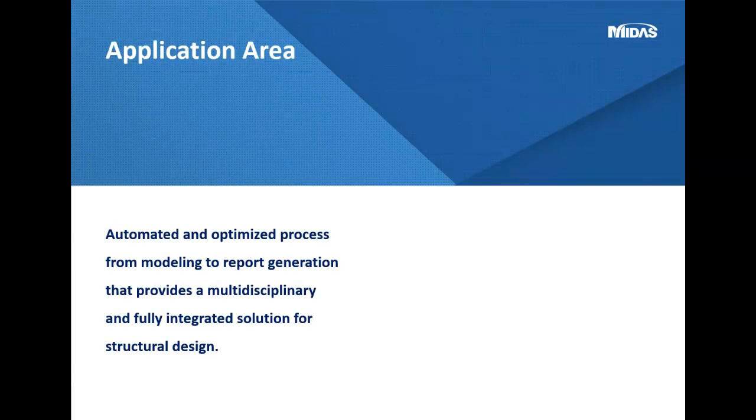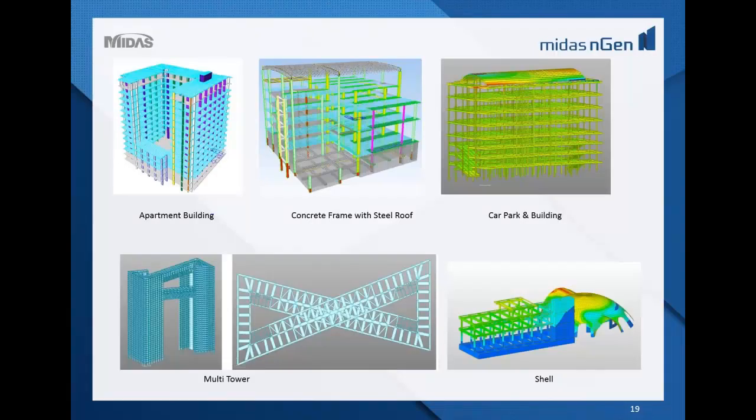Now let's look into the application areas of MIDAS nGen. You can use MIDAS nGen for apartment buildings. You can use it for a concrete frame with steel roof, like two types of materials in a single software solution.